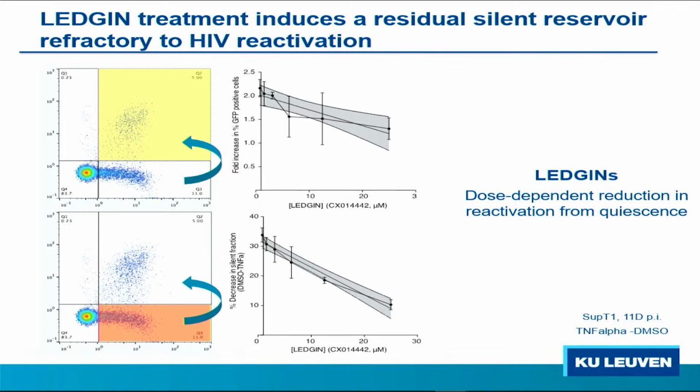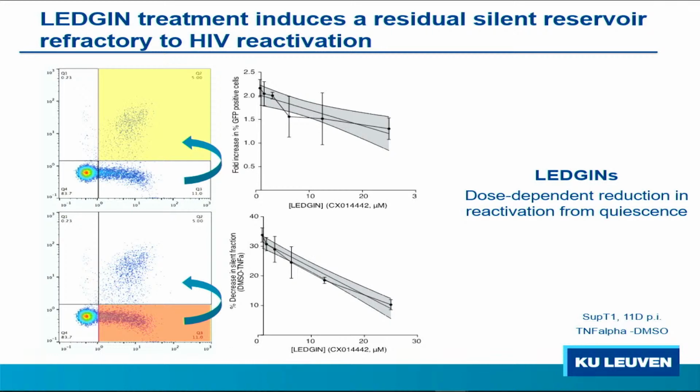But if we had treated the cells with the legend during the infection, and washed away the legend, we see that it drops until about 1-fold, meaning no activation. And the same is true if you look at the reduction in the quiescent cells, 30% reduction, so it means that these cells are activated, well, less than 10%, 5%, if we had pre-treated with legends.